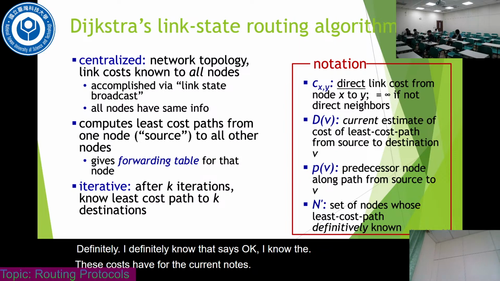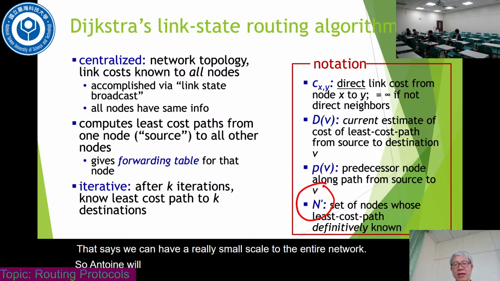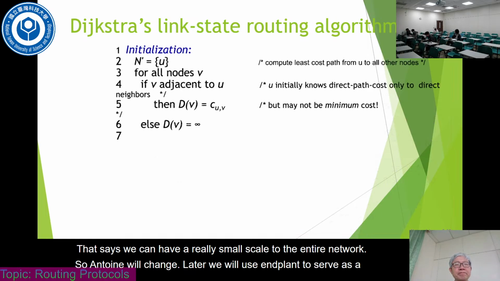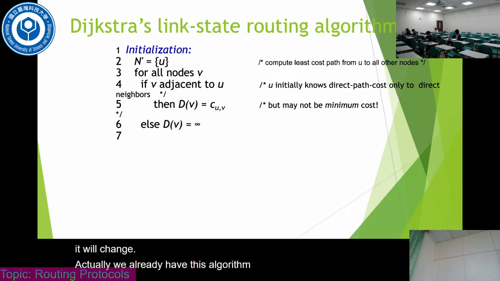That says we can start from a really small scale and grow to the entire network. So N prime will change. Later we will use N prime as a notation, but it will change.